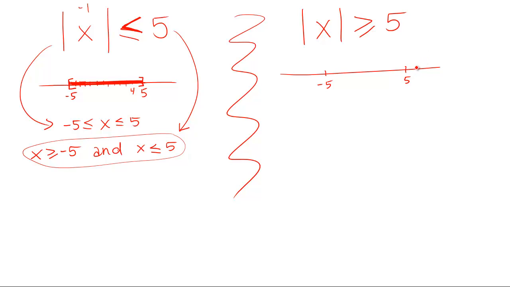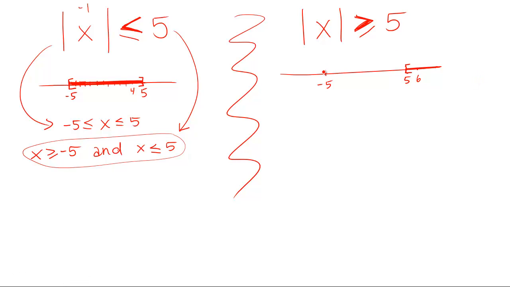Well, 6 works, because 6 is greater than 5. 7, 8, 9, and so on. Does 4 work? No, 4 doesn't, because it's not less than, it's greater than. So because of that greater than sign, we're splitting it into everything bigger than or equal to 5.